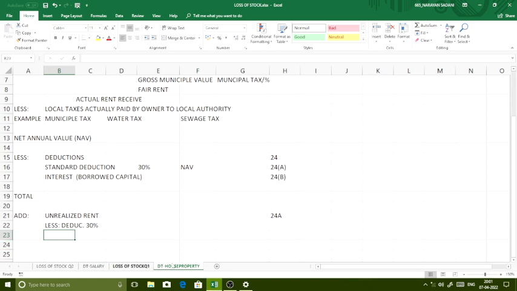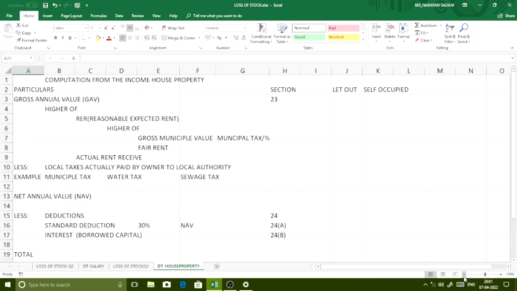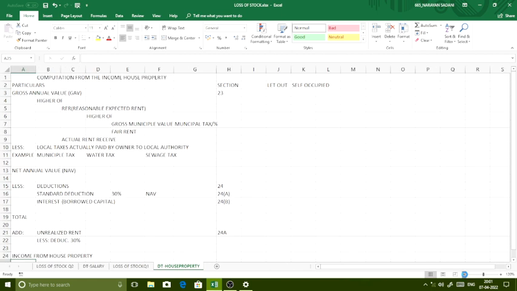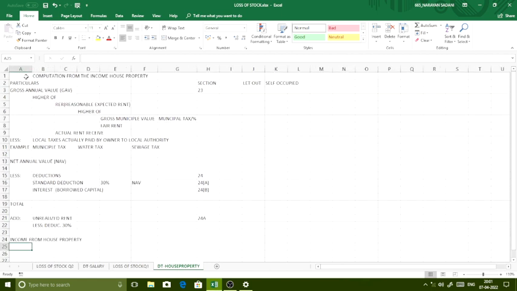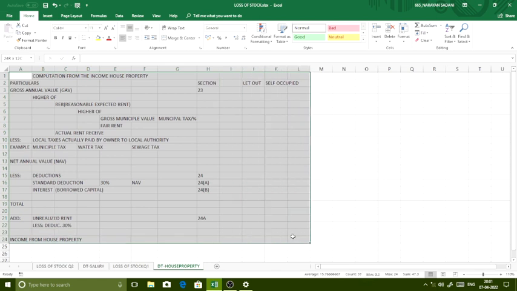After the add, we at last come to the total income from house property. This is the format, and this is how we calculate the income from house property.